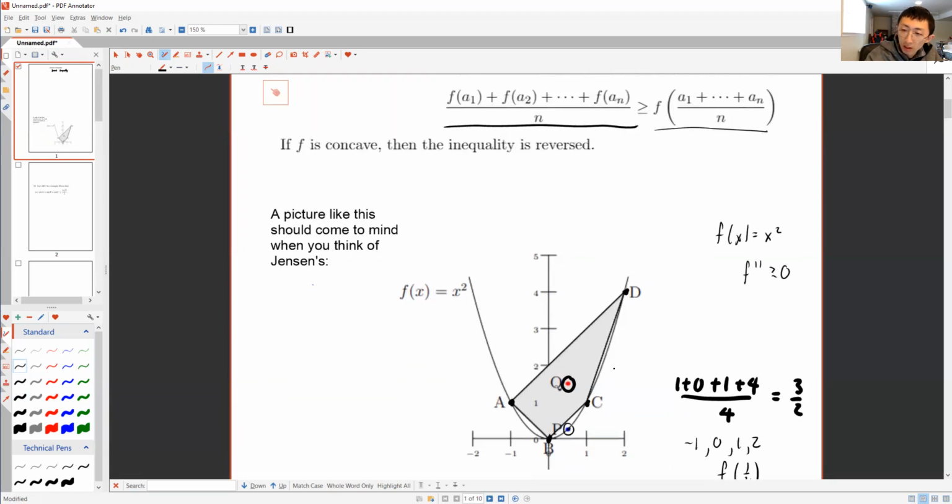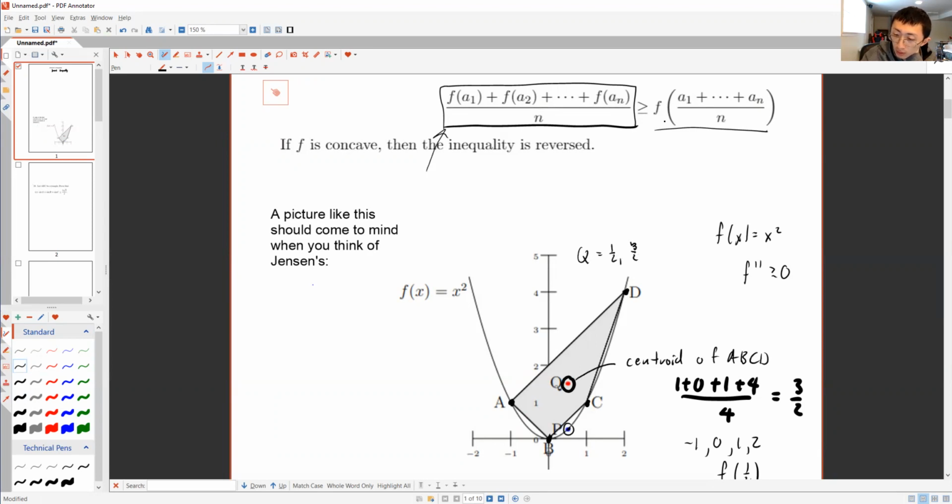The left-hand side is actually just the centroid of the polygon formed by connecting the 4 points on the curve, A, B, C, D. This is the centroid because its x coordinate is the average of all the x coordinates, and its y coordinate is the average of all the y coordinates. So the point Q is at (1/2, 3/2).